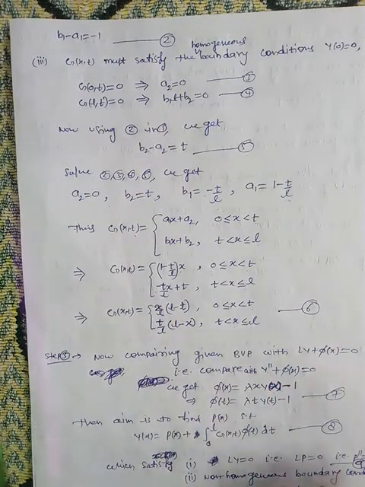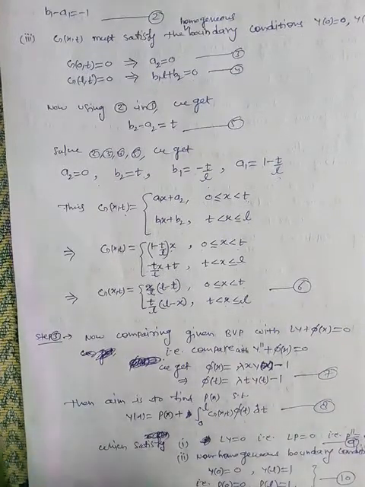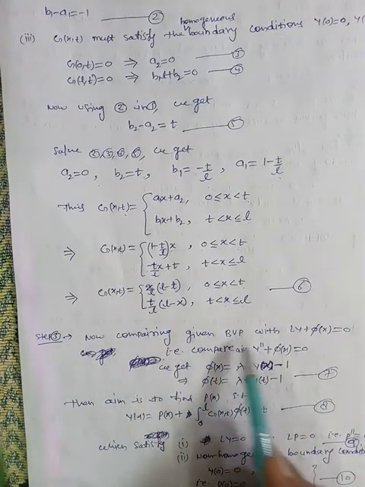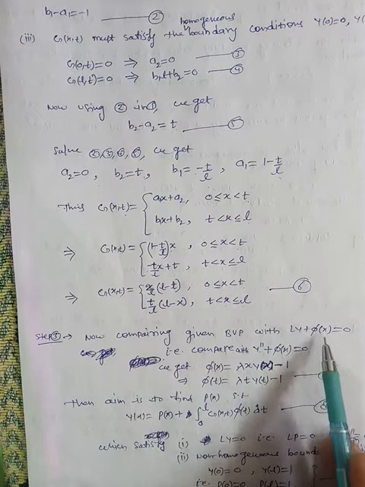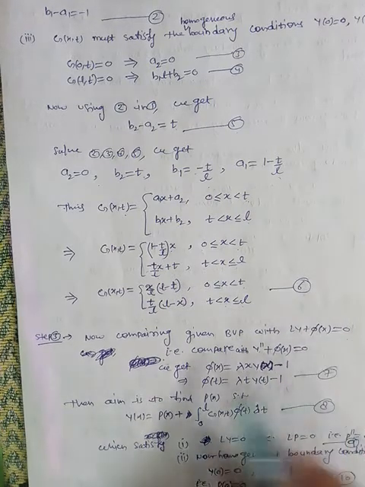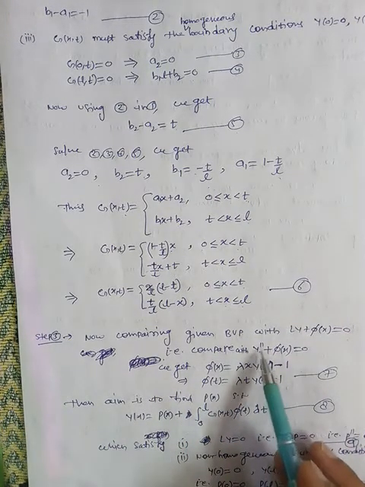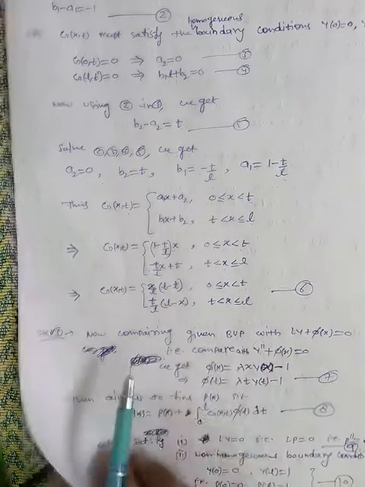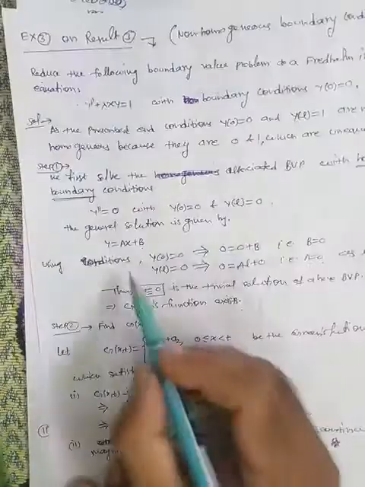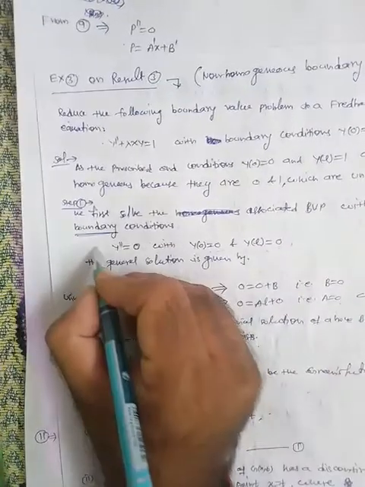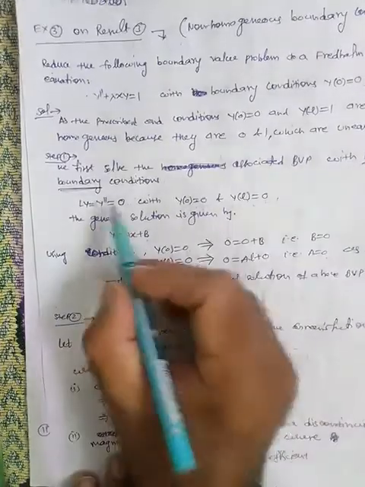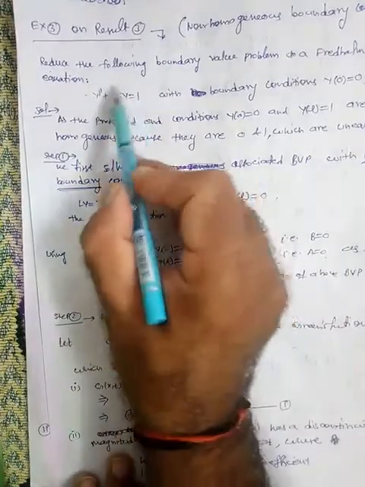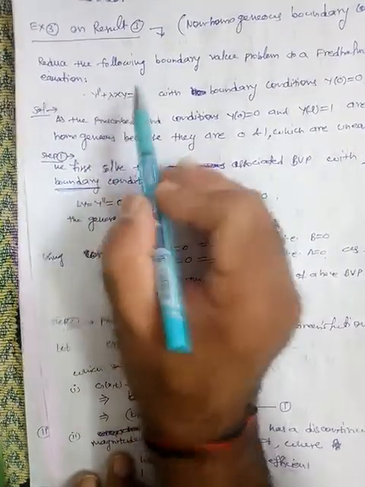Now, step number 3. Comparing the given boundary value problem Ly plus phi(x) equal to 0, that is comparing this y double dash, because we have taken Ly as this, the second order derivative, so obviously the remaining term will be phi(x).